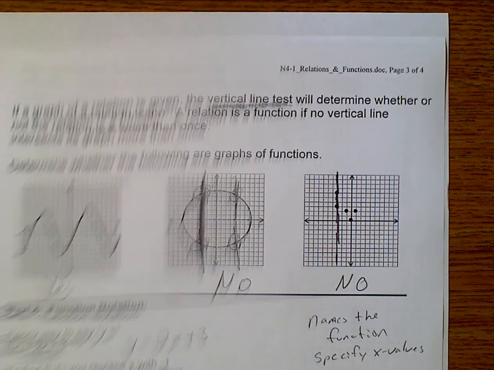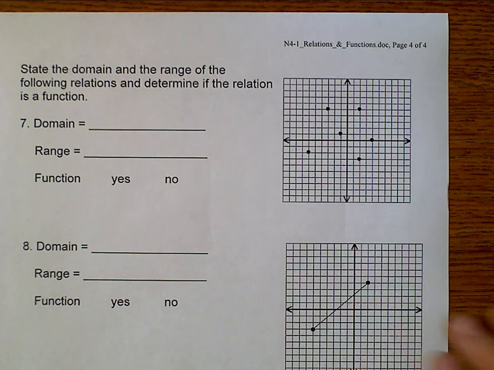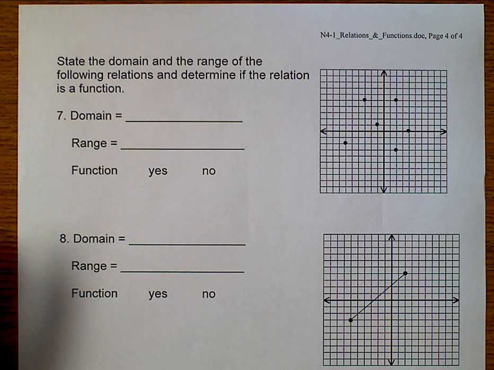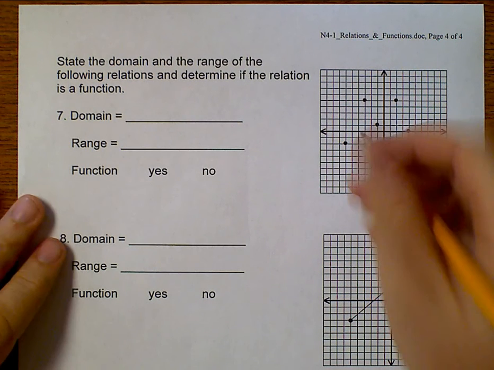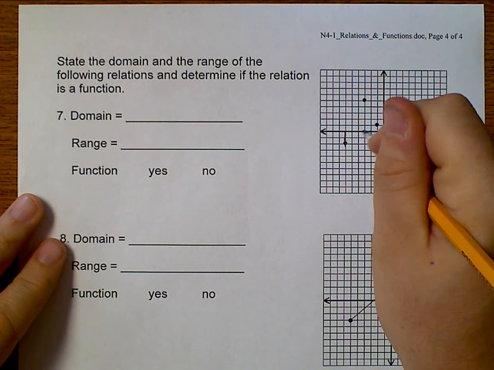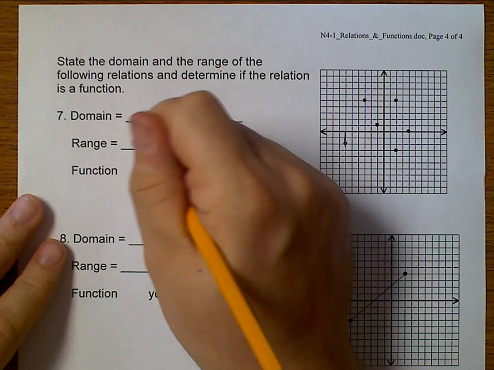One more page where we're just going to do some more on domain and range. It's very important that you understand these. So I'm going to pull my domain from this graph. Because I have individual points, I need to mark them individually. This x value is 1, 2, 3, 4, 5, 6 left, so that would be negative 6.